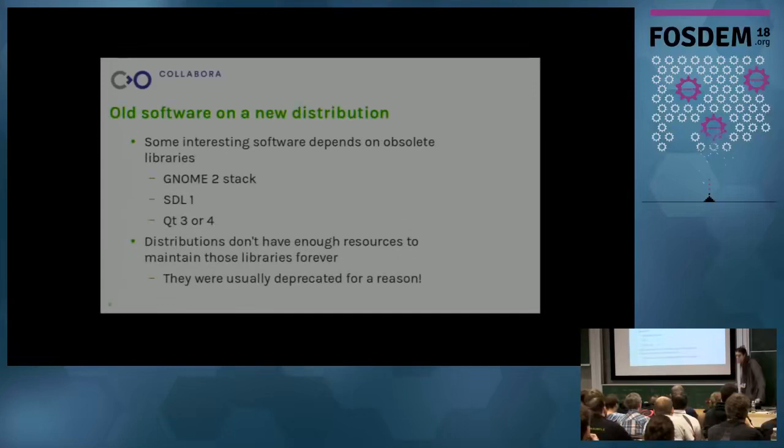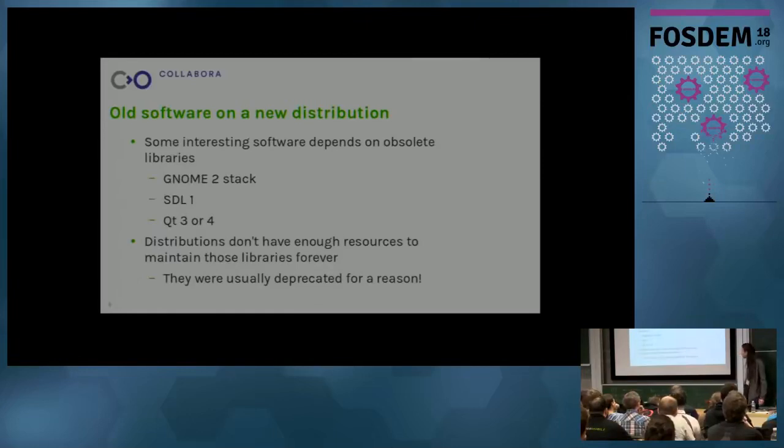Another thing that's quite interesting for Flatpak on a distro is the diametric opposite of that. If you have software that depends on libraries from the distant past that we would all rather had died, like the GNOME 2 stack, which we're finally removing from Debian at the moment, you don't really want to carry those in your distribution forever, because your users might have an app that wants like libgnome, GNOME VFS or libunique or whatever.